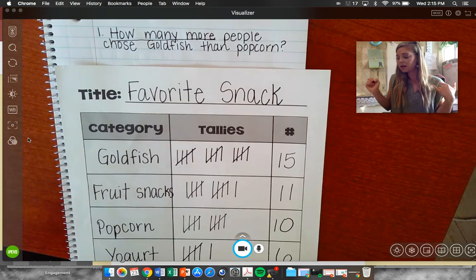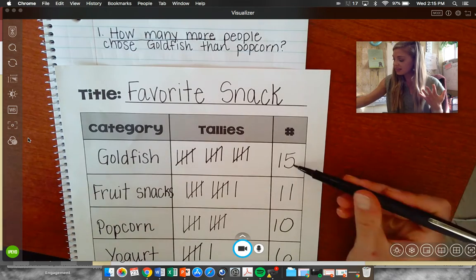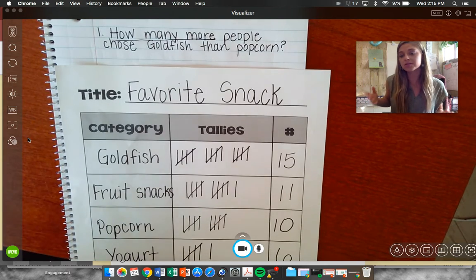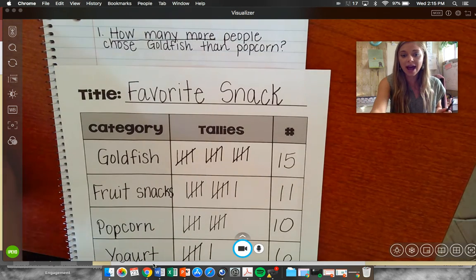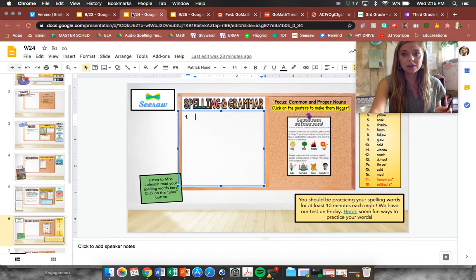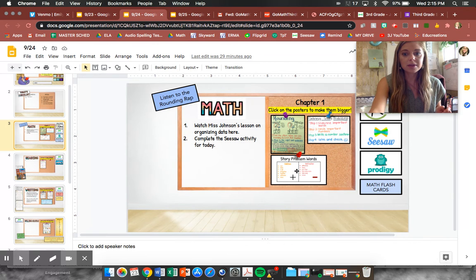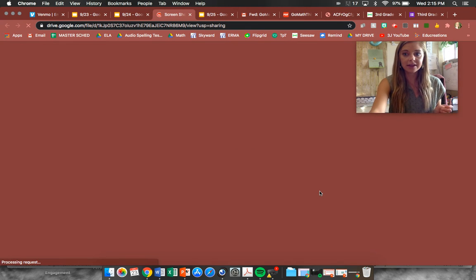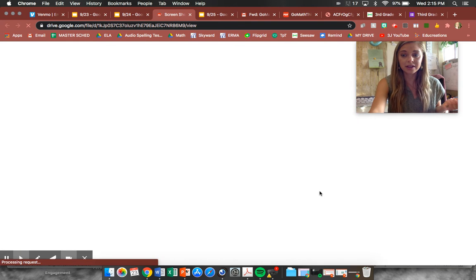How many more is 15 than 10? Well, how many more means to do what? Does it mean to add or subtract? And if you don't know, then you can go back on our Bitmoji classroom, go to math, go to story problem words, and you can look to see where you can find how many more.